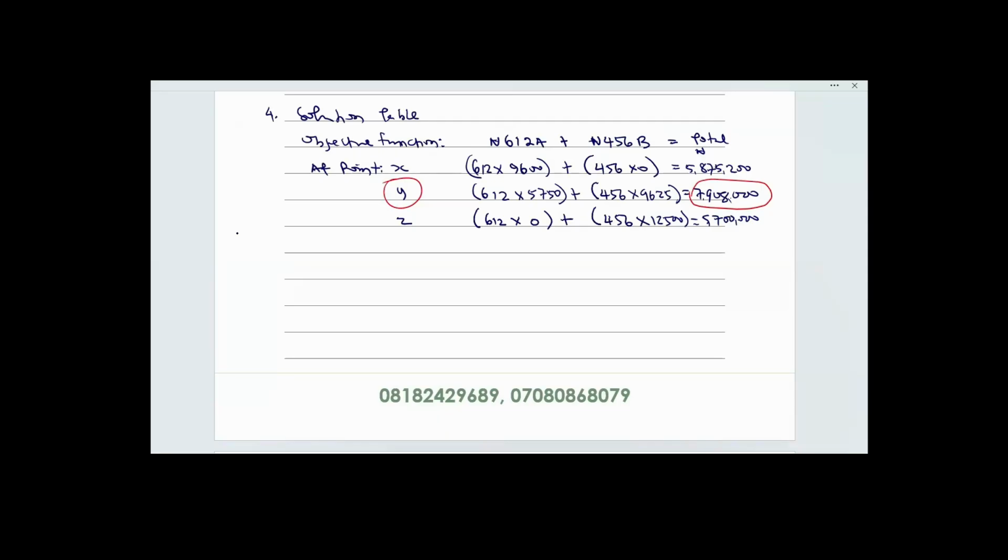So I can then say Oshimiri Nigeria Limited should produce 5,750 units of grade A and 9,625 units of grade B in order to maximize contribution of 7,908,000.